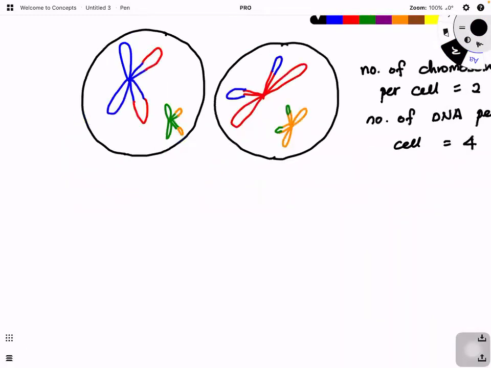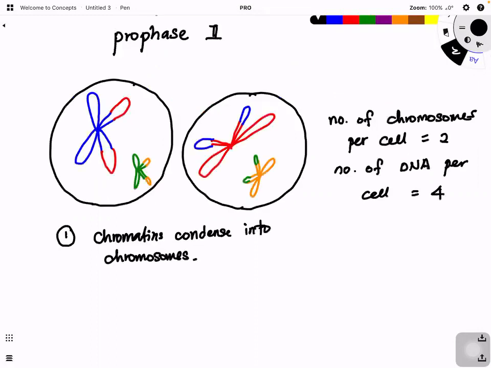Similar to mitosis, first, chromatins condense. Chromatins condense into chromosomes. Okay, this is the signature event of prophase 2.